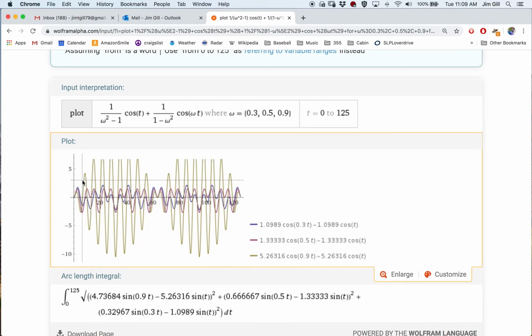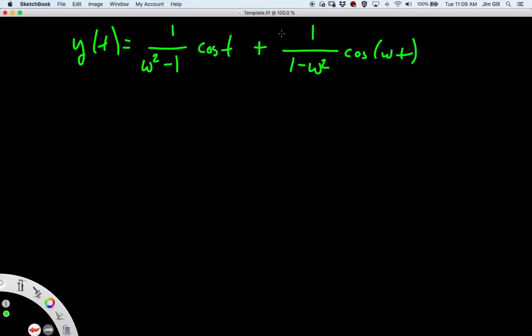And the 0.9 value has this weird pattern where we see this periodic function within a periodic function. We have all these oscillations in the one related to 0.9. But we have this big overall change in amplitude, right? Here the amplitude is large, here the amplitude is small. So let's try to explore that phenomenon.